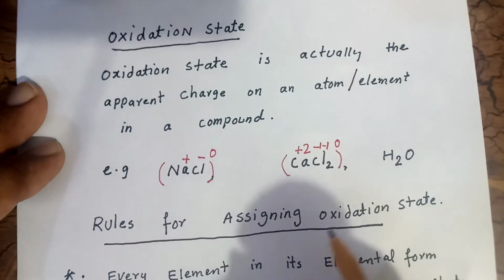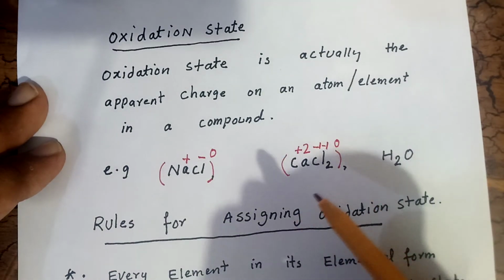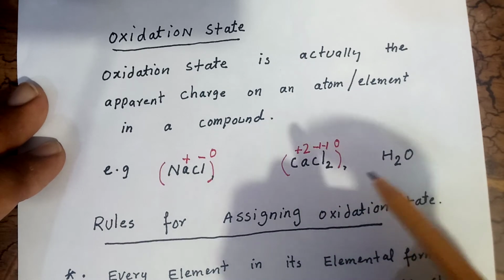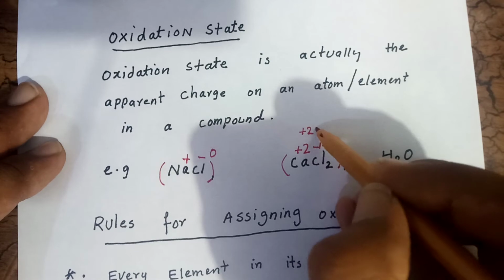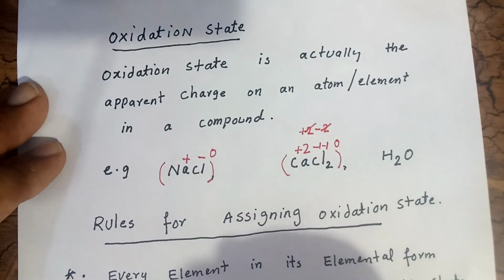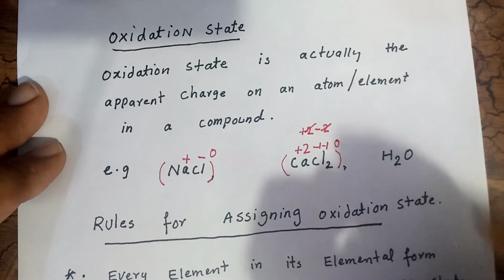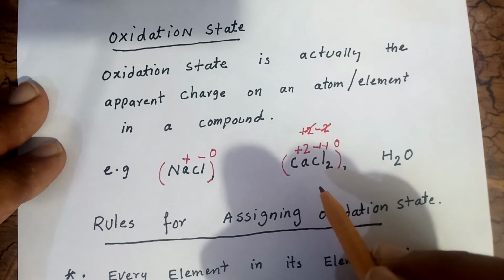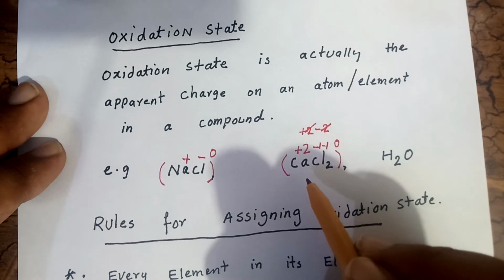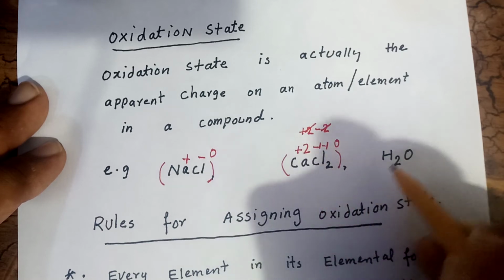So +2 and -2 cancel one another, and we get the oxidation state of calcium chloride as a whole as 0. In calcium chloride, the apparent charge that we have assigned to calcium is +2, so +2 is the oxidation state of calcium.